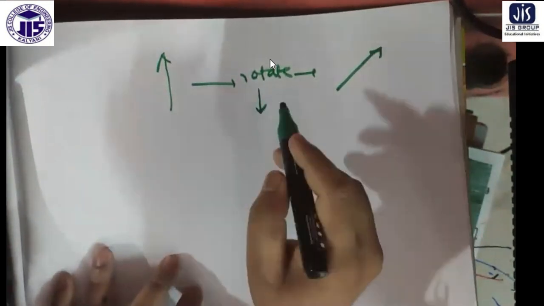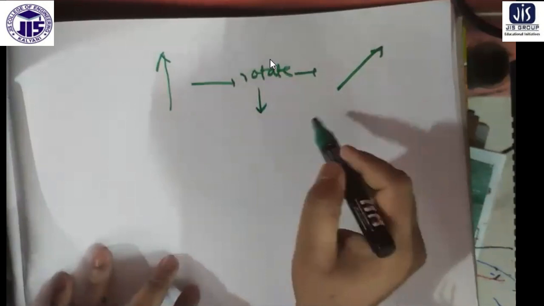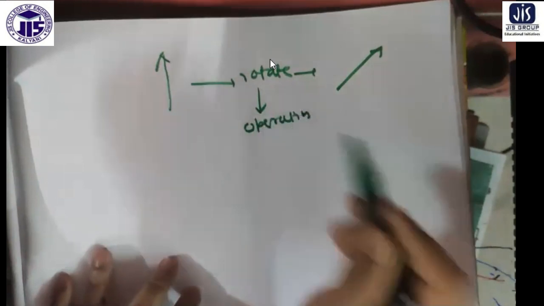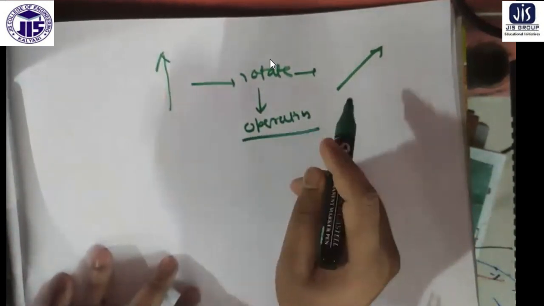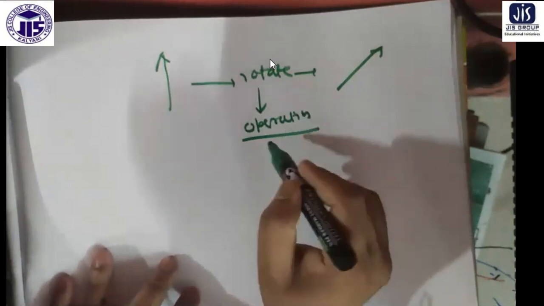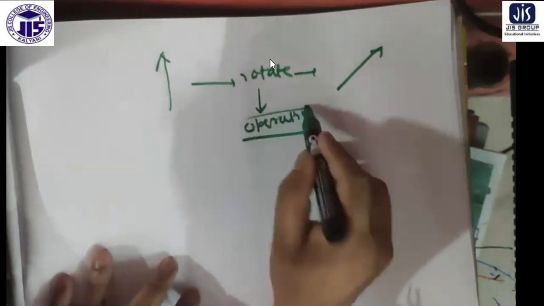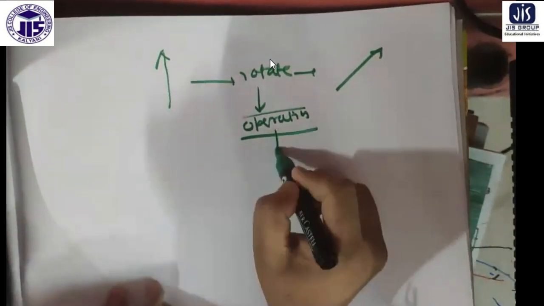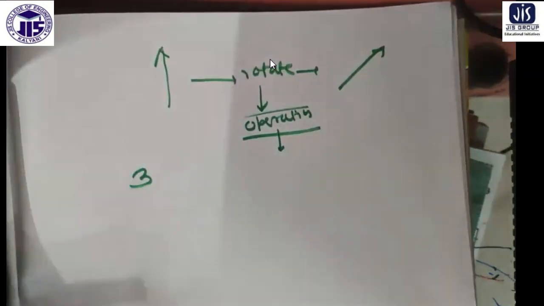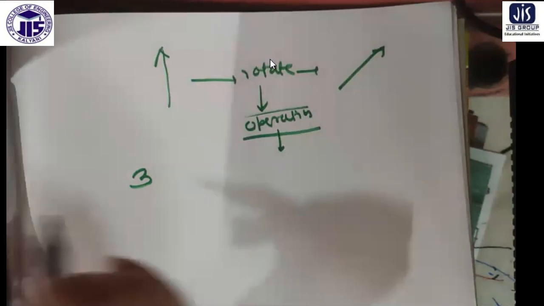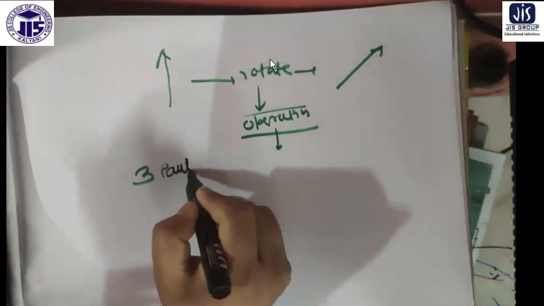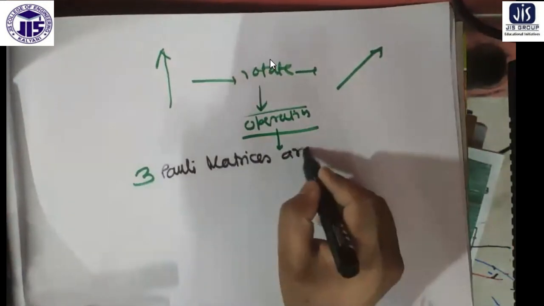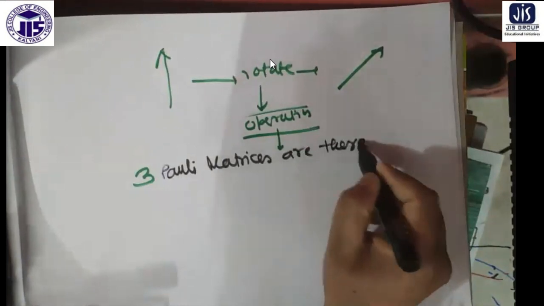Rotation means you have done an operation. There are three Pauli matrices who do all this operation.